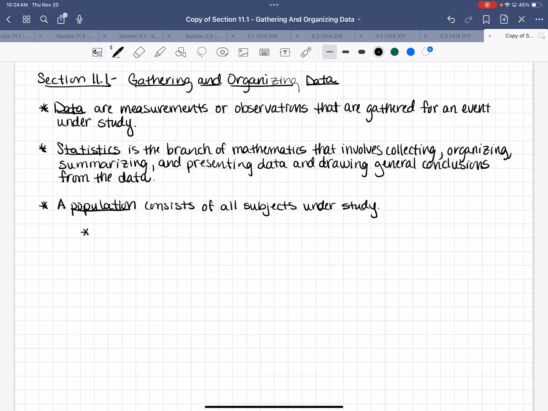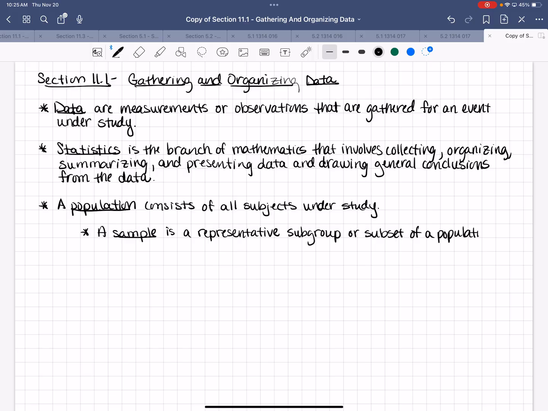So a sample is a representative subgroup or subset of a population.